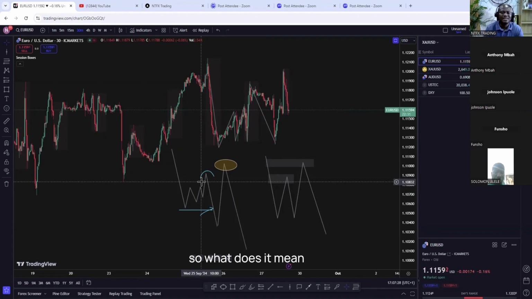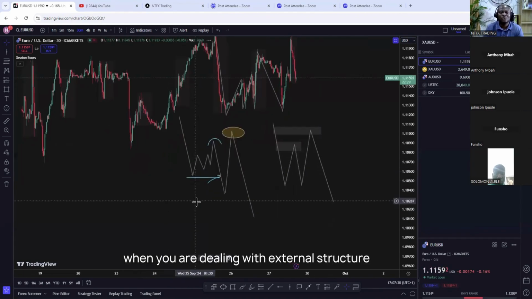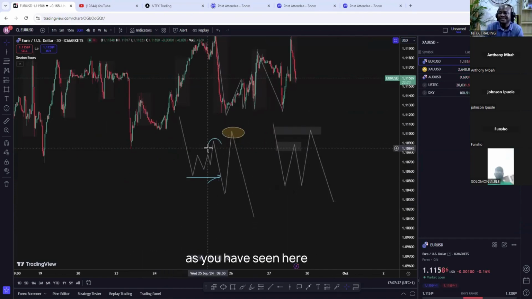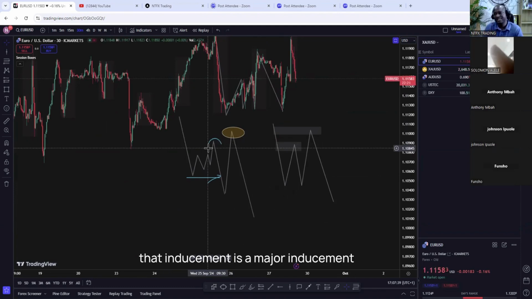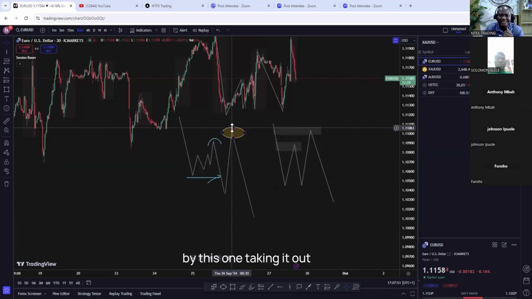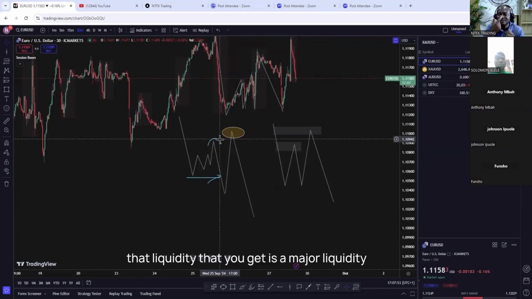So what does it mean? When you are dealing with external structure, you secure an inducement within the external structure, as you have seen here. That inducement is a major inducement. And the liquidity you get by taking out the inducement level is a major liquidity.